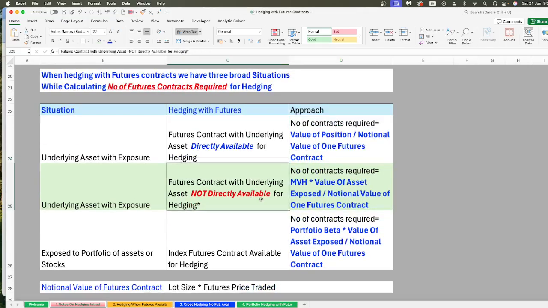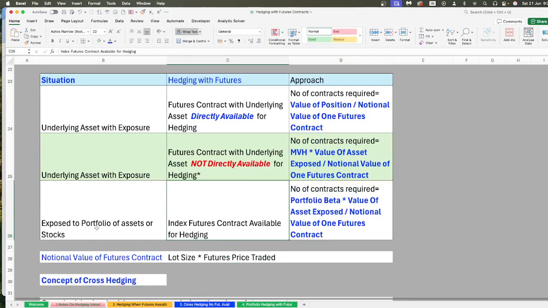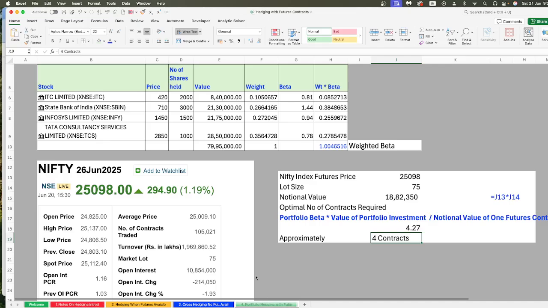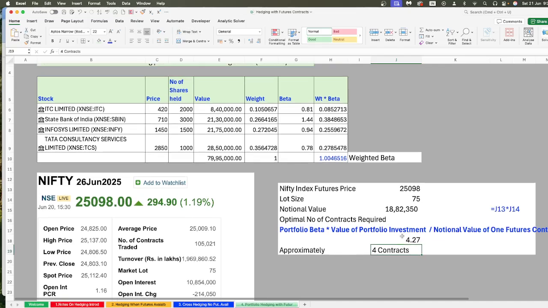When there is no direct futures contract available, we calculate the minimum variance hedge ratio, by calculating the correlation and the standard deviation of the futures and the other assets. When someone has invested in a portfolio of assets, we use index futures. In that case, the number of contracts is simply the portfolio beta times the value of the investment divided by the notional value of one futures contract.